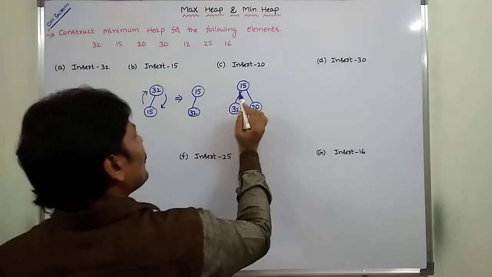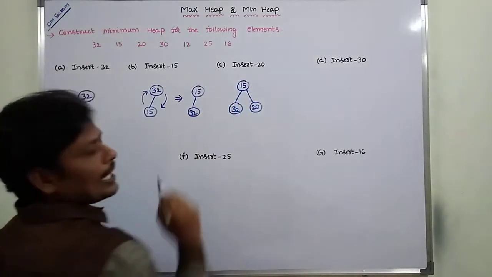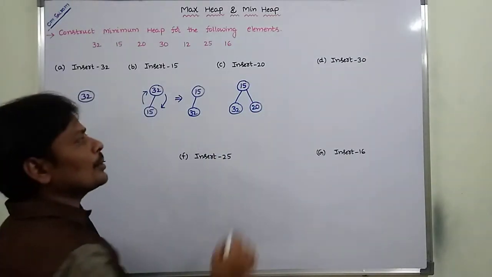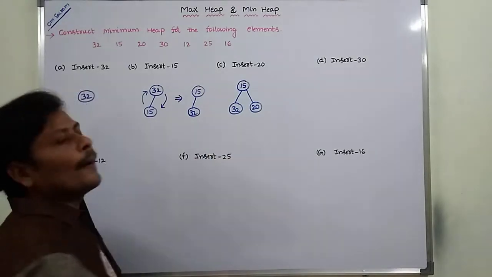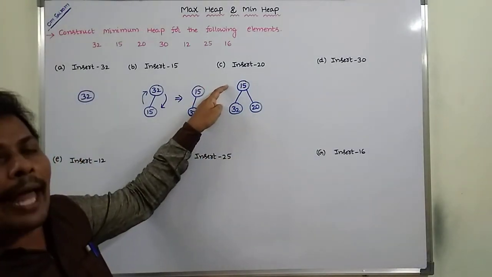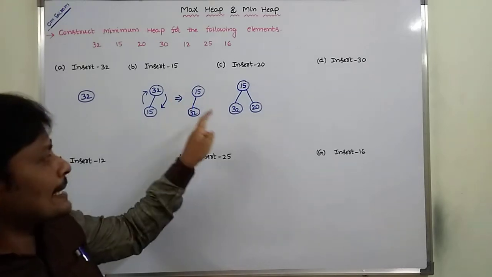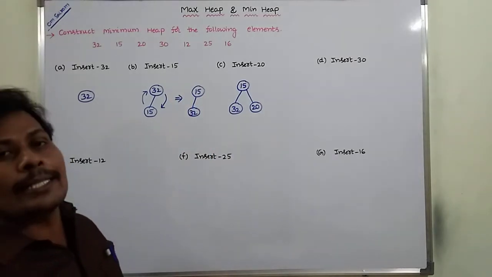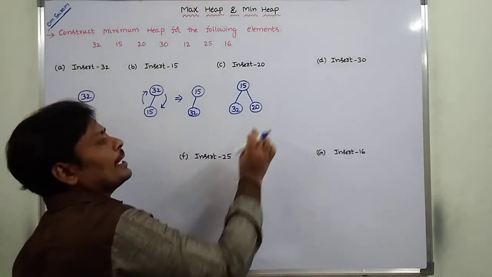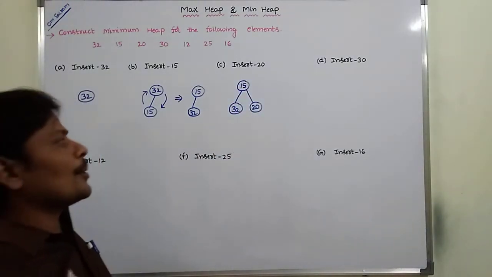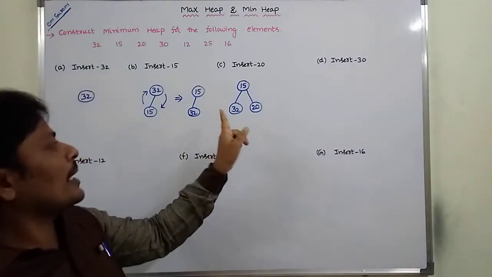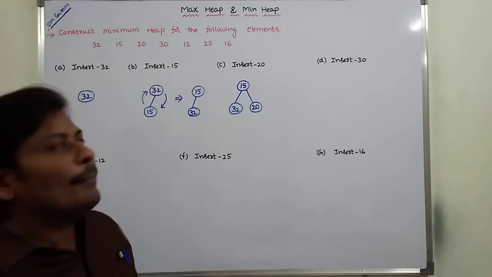Now 15 is less than 32, yes, and 15 is less than 20. So now it satisfies the minimum heap property: the parent node value is always less than its children's node values. Both conditions are satisfied, hence we can say that it is a minimum heap.